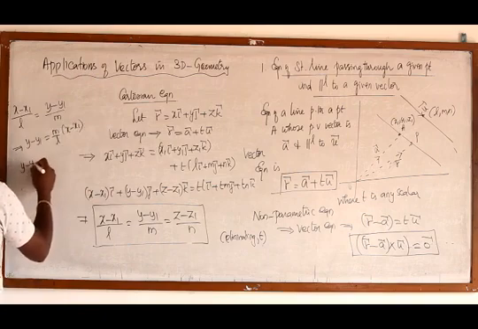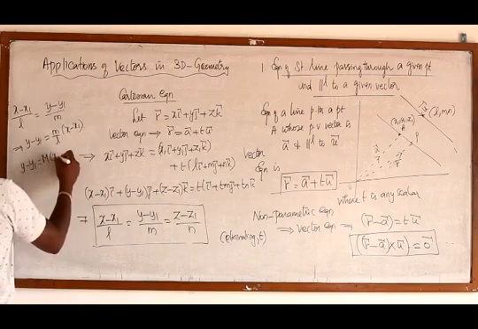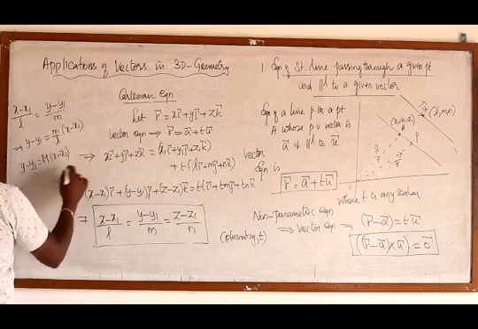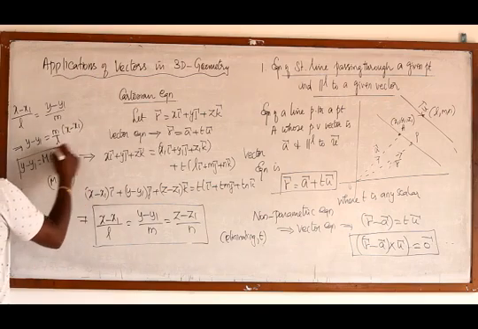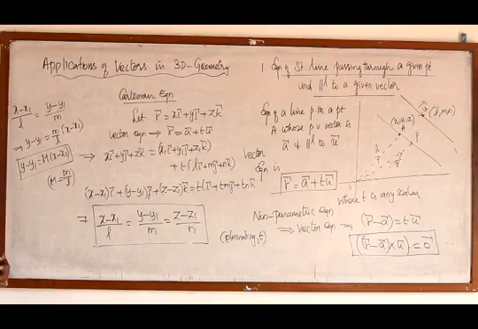Is it not our y minus y1 equal to m into x minus x1, where m equals m by l? So this is our equation of a straight line, represented in 2 dimensions.